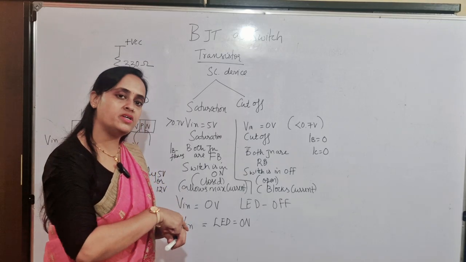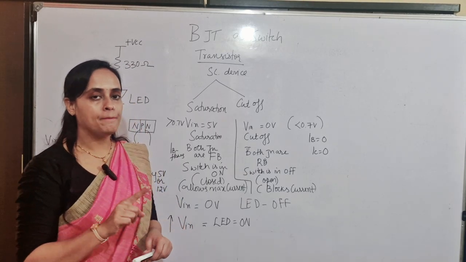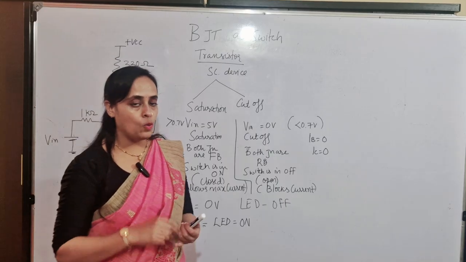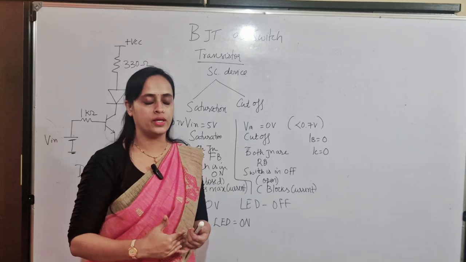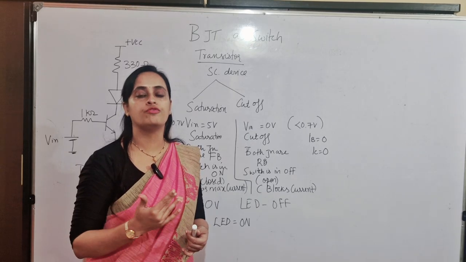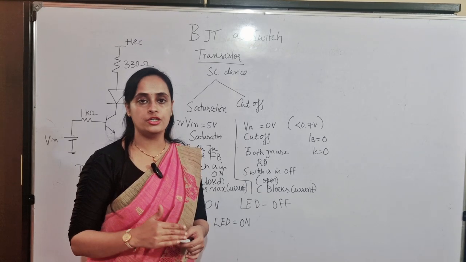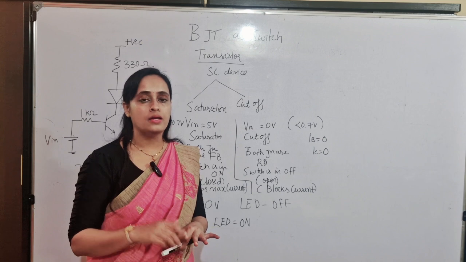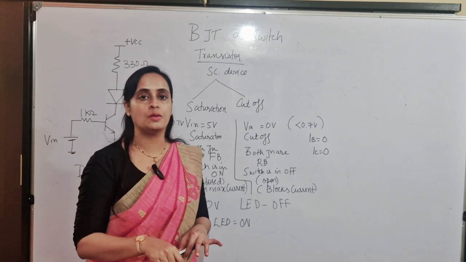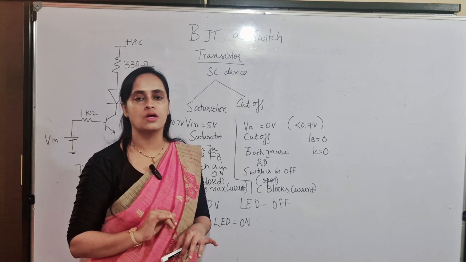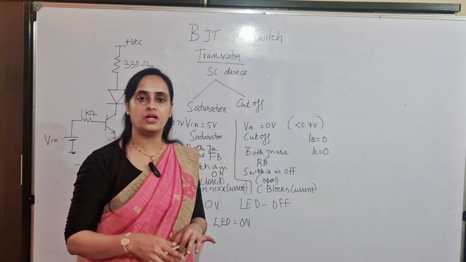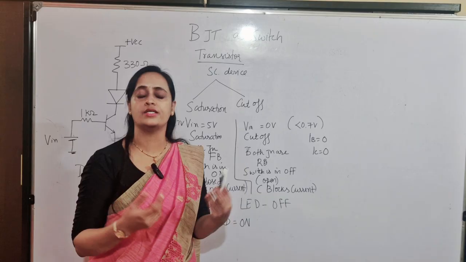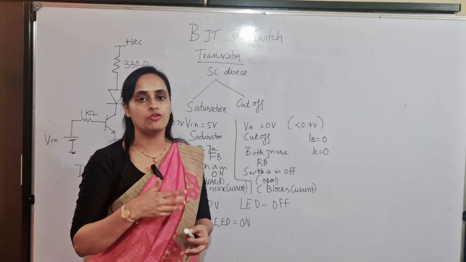Now since in the previous experiment you understood the PN junction, at what condition will current start flowing? If current should start flowing, the barrier potential across the PN junction should reduce. And what happens during reverse bias? The barrier potential across the PN junction increases, because of which current cannot flow.